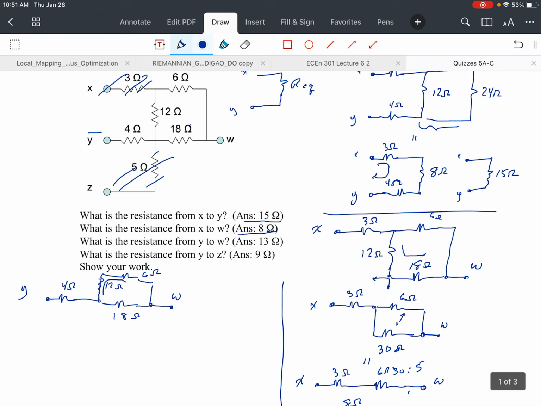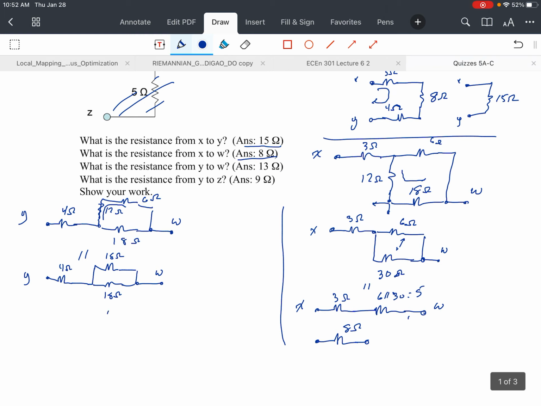The same current flows through those resistors, so this is equivalent to 4 ohms, and then we would have an 18 ohm resistor and another 18 ohm resistor, and then W. Now we have another resistor that is 18 in parallel with 18, so we do 18 times 18 divided by 18 plus 18, and that should be a 9 ohm resistor.